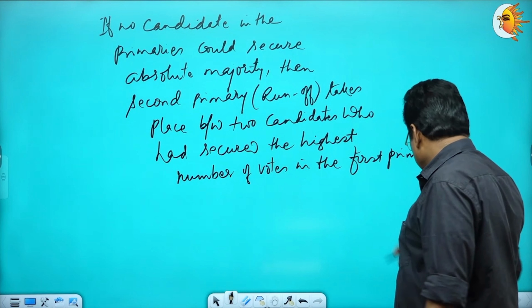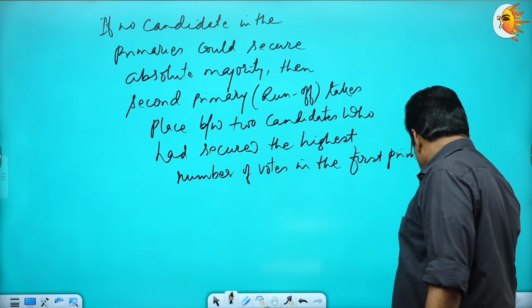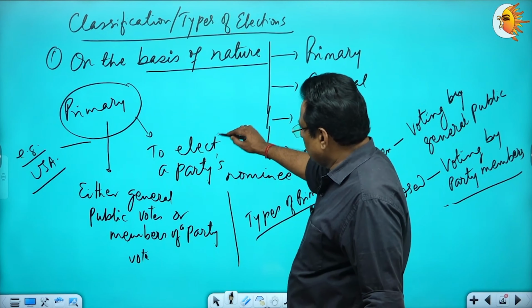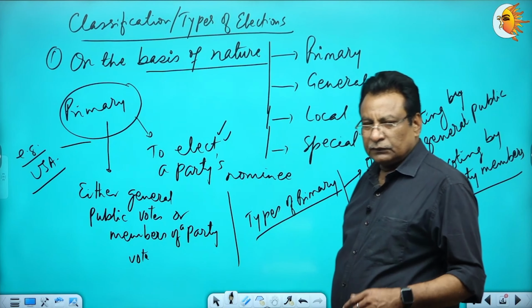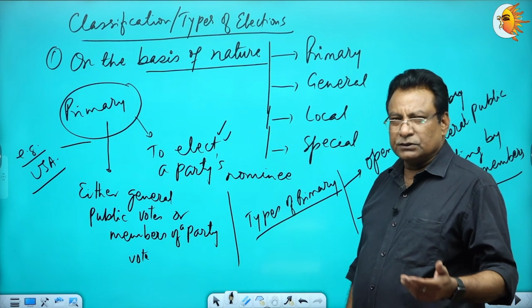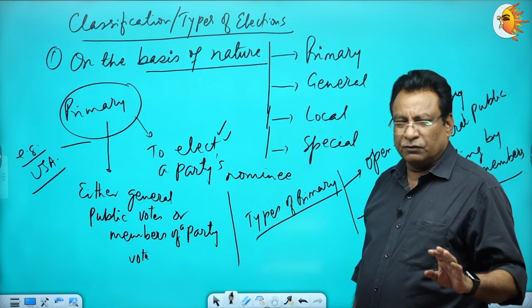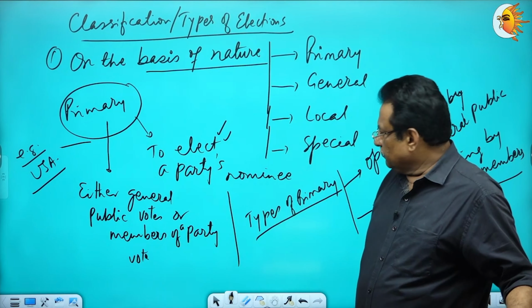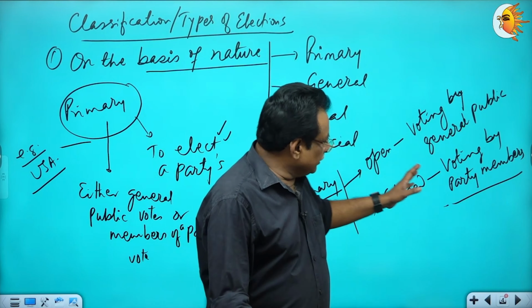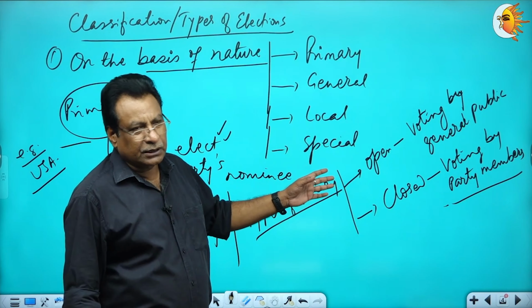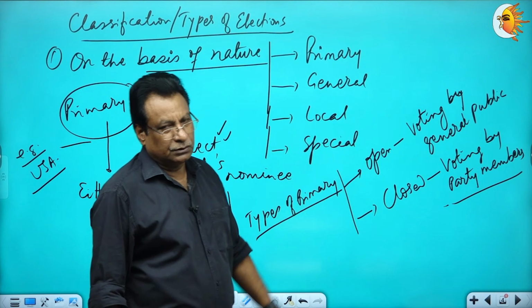So 2-3 things we have to remember. One is that this is to elect a party's nominee. Generally what happens is that general public or members of a party will cast their vote. If general public is voting, then that primary is called open. If party members are voting, that is called closed.